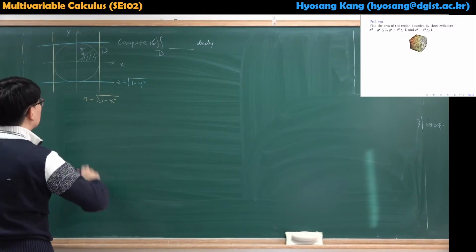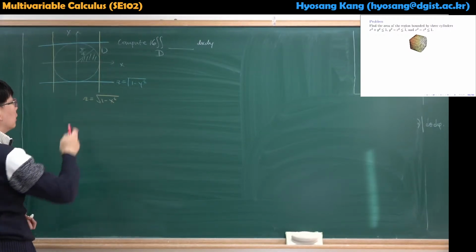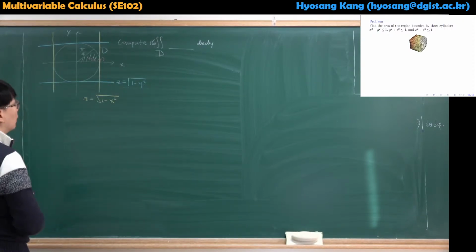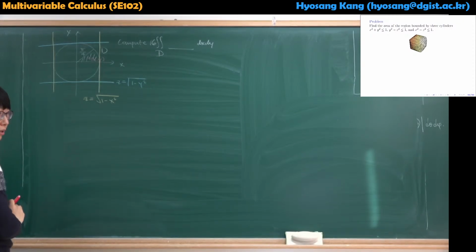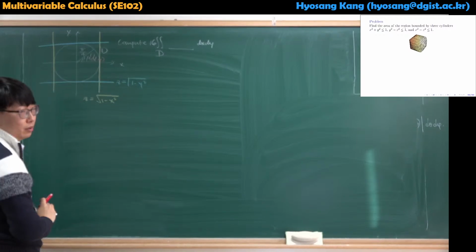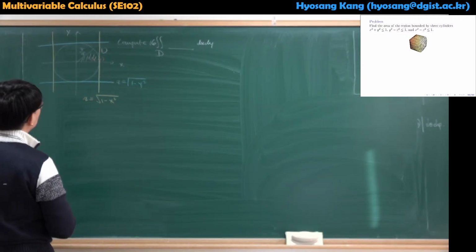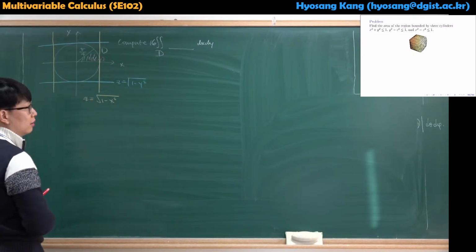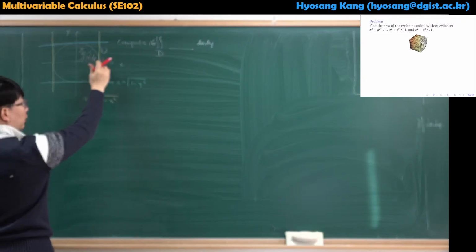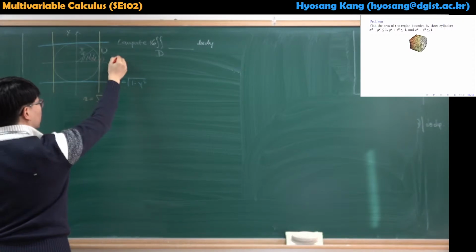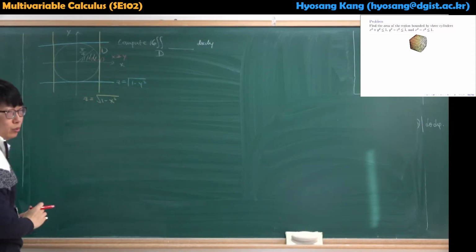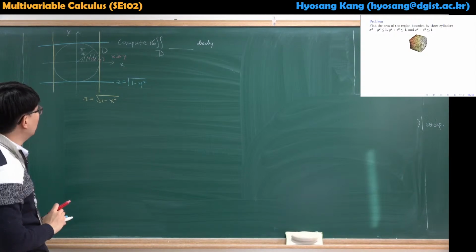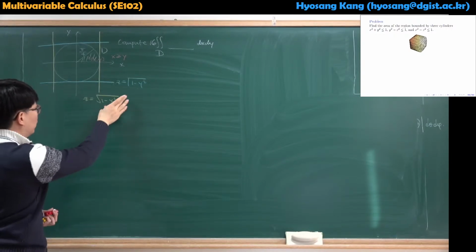Think about a point inside of D. This is the line y equals x, right? In this part, x is always bigger than or equal to y, right? So which is smaller?